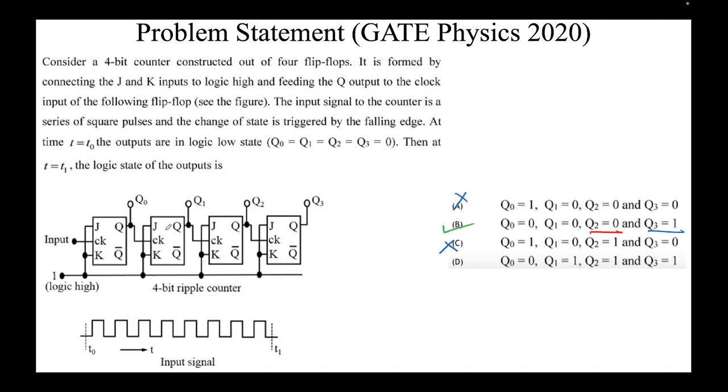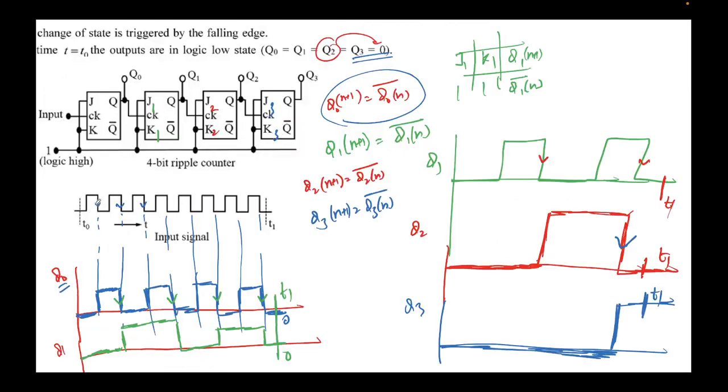And in this question, we were given JK flip-flops where both J and K were 1. Note this, both J and K are 1 here, right? So all these flip-flops are in toggle mode. Hence, whenever the clock edge comes, and here it's given as falling edge, the output of this flip-flop will change. Look at this first flip-flop, J0.